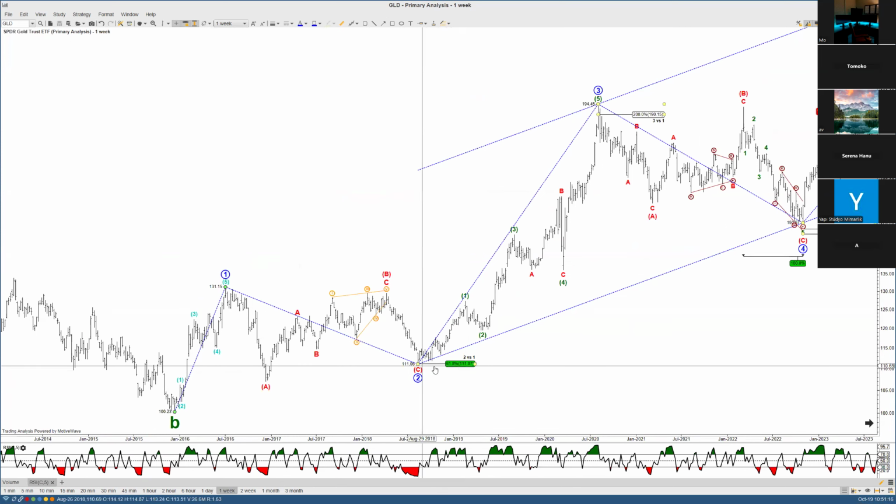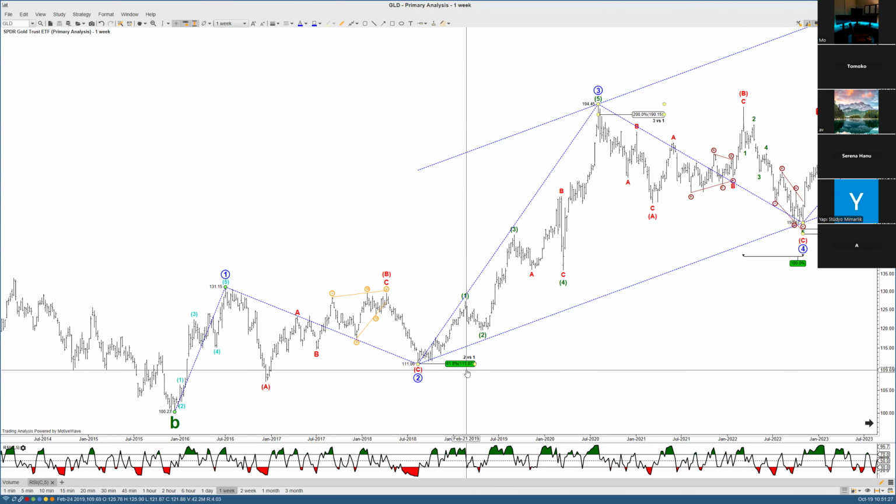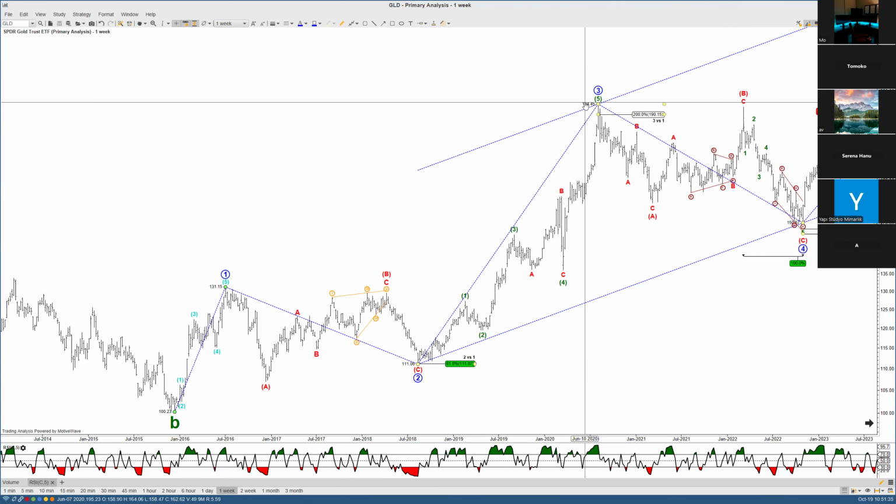Look at the print. It's just beautiful. Look at the low. 11.06. Look at the fib. 111.07. Look at the upside.